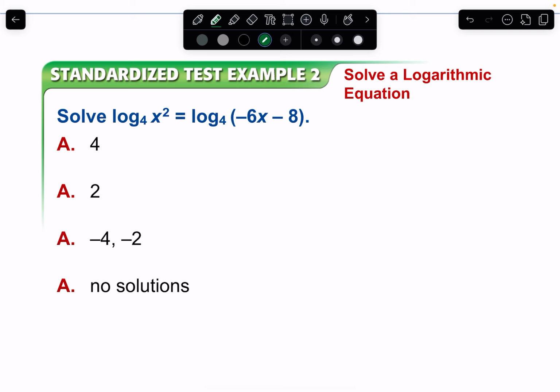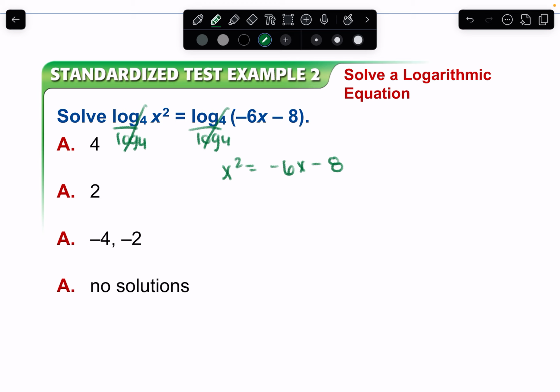So if I were to divide it over from this side to this side, my log 4's would just cancel out. As long as you have the same log on both sides, they're going to be able to cancel each other out. So whenever I do that, I'm left with x squared equals negative 6x minus 8.